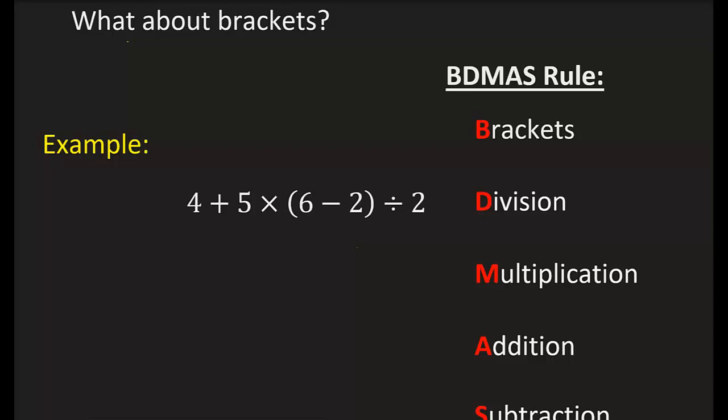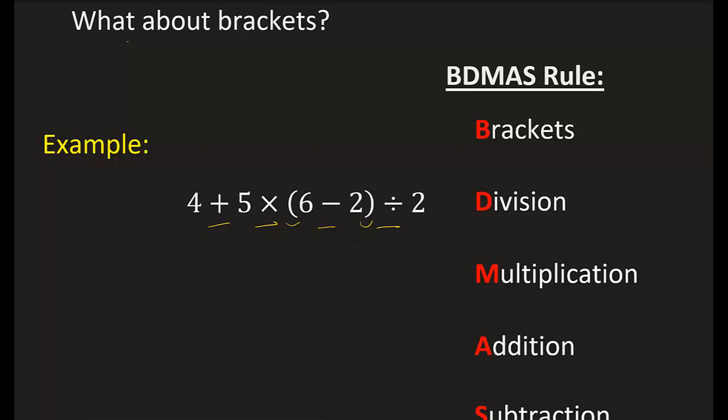Now I want to ask you a question. How many symbols are there in this? Well, let's count. 1, 2, 3, 4. But there's also one more. These two brackets are also treated as a symbol, I told you. So first it's going to be brackets.